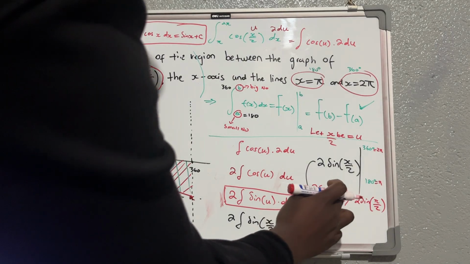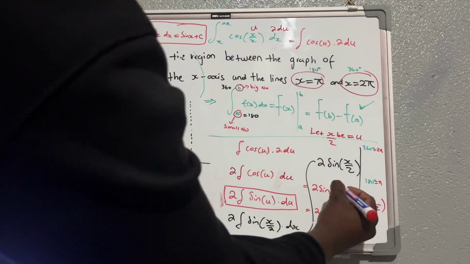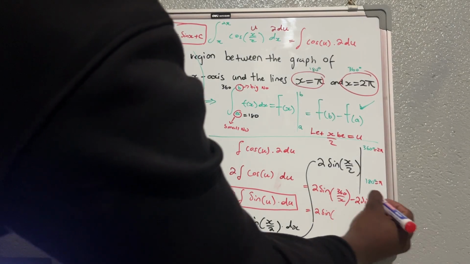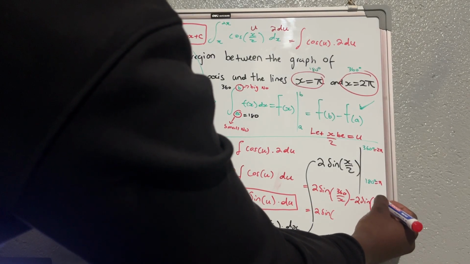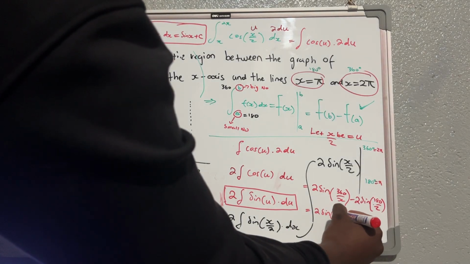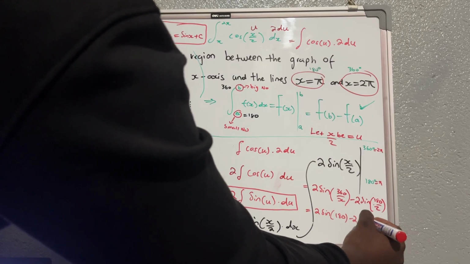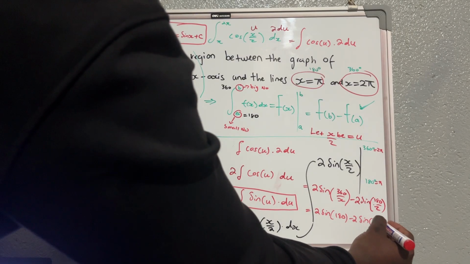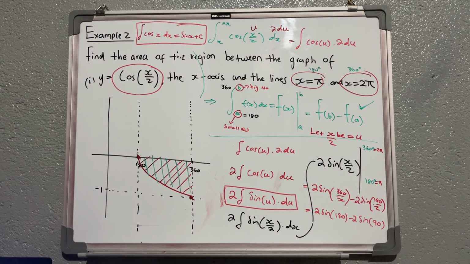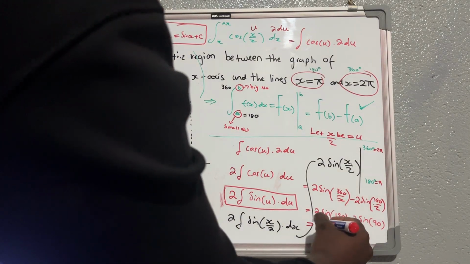So the first part, this just put it in terms of numbers. So here let's just put 360, then here 180, so you know what I'm referring to. So this is the same as having 2 sine of 180 minus 2 sine of 180 divided by 2, it's sine of 90. So we know we're going to have what? We're going to have 2 sine of 180 at 0.